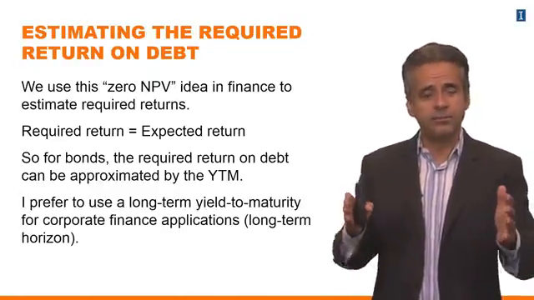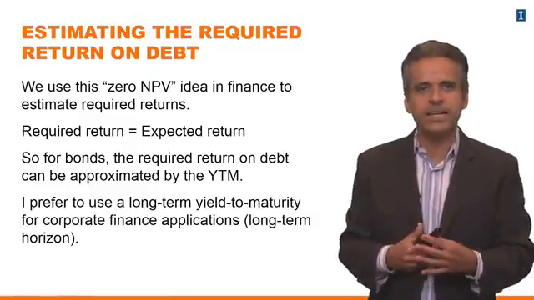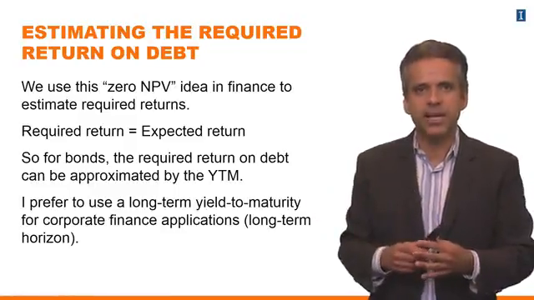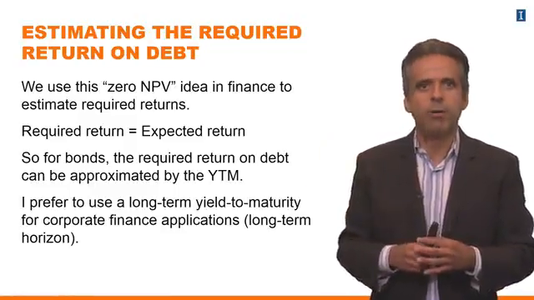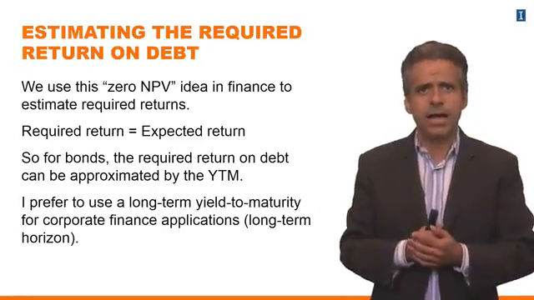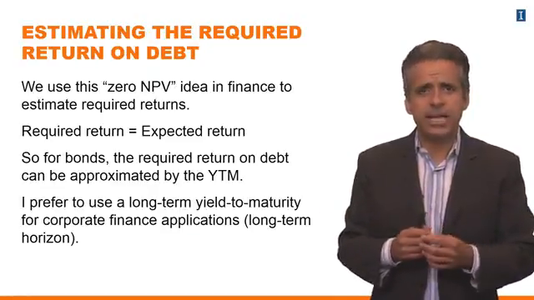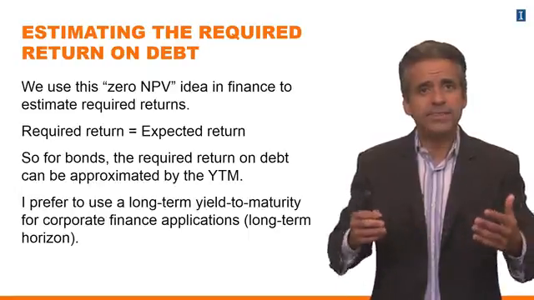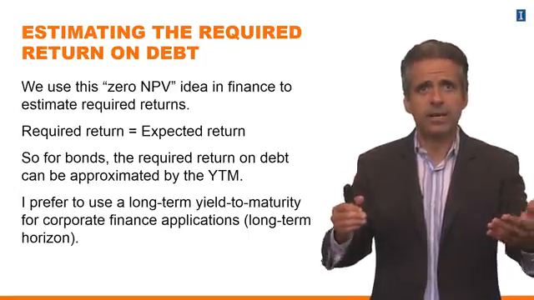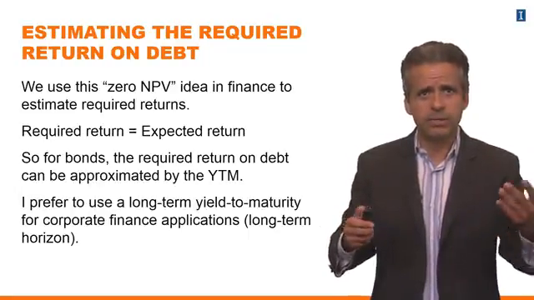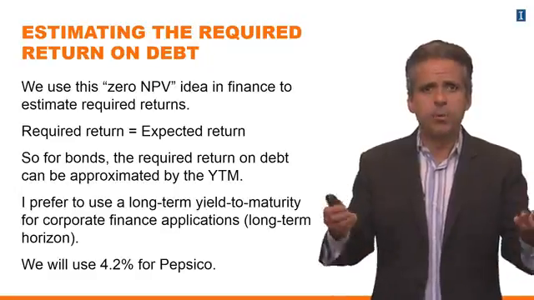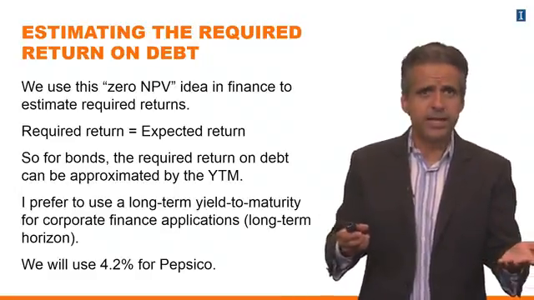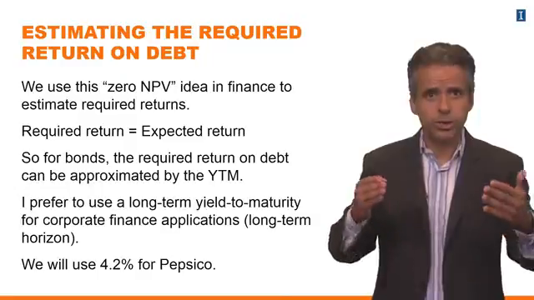Okay? Since we started this course, I've been pushing this idea that corporate finance applications have a long horizon. Okay? We're always thinking about the long term, right? So my suggestion is that we always try to estimate the long-term cost of debt, the long-term required return on that. What this means for PepsiCo is that we are going to use the 4.2% number, which is the yield to maturity on a long-term bond.